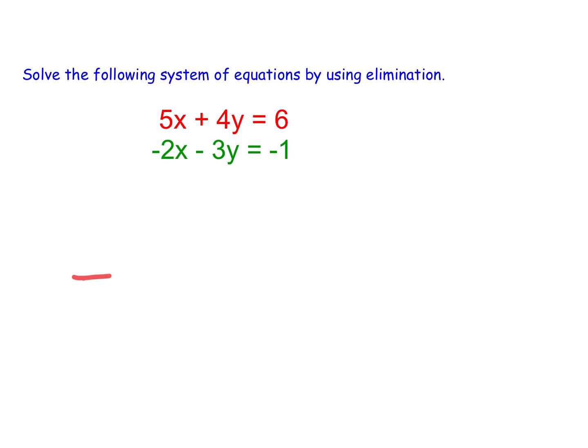Okay. All right, now, this one. Yuck. To be honest, if I had to solve this one, I would probably not graph it because I'd have to solve for y on both of them, and that would take forever. I would probably not use substitution because there's nothing solved. It doesn't say y equals or x equals anything.